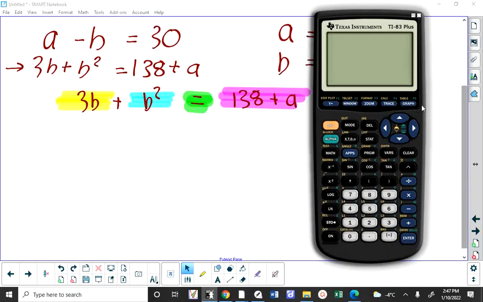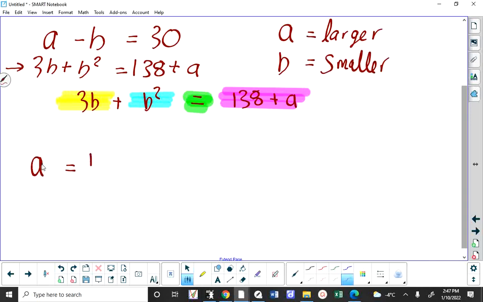So we're going to plot these. The first equation is a minus b equals 30, which means I rearrange for a and get that. The second equation, I can rearrange for a by subtracting 138.